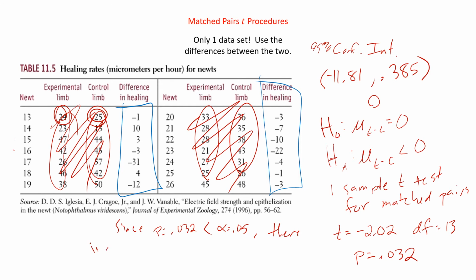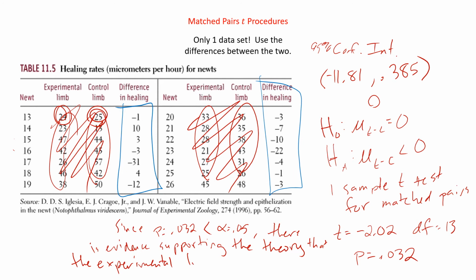there is evidence supporting the theory that the experimental limb heals faster than the control limb.